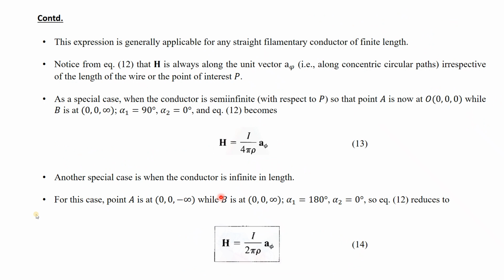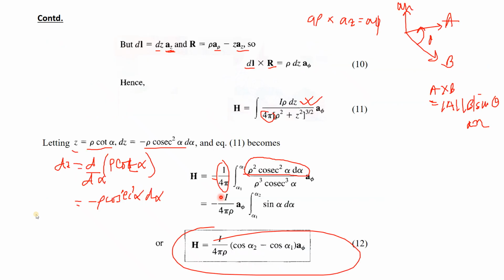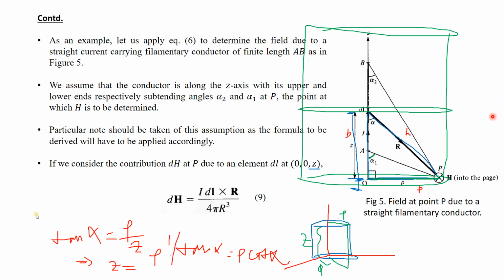So this expression is generally applicable for any straight filamentary conductor of finite length. Note from equation 12 that h is always along the unit vector alpha, phi, along the concentric circular path.